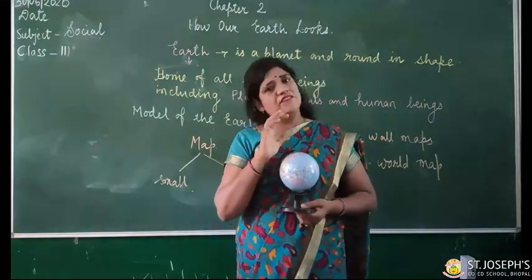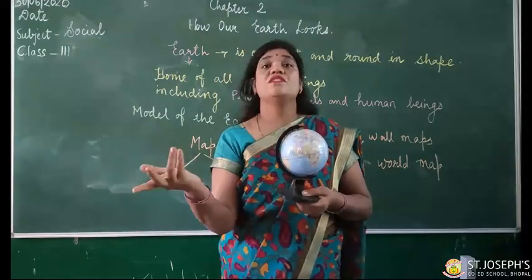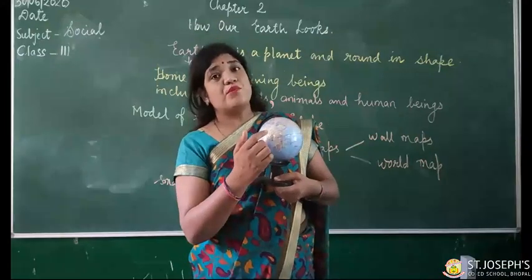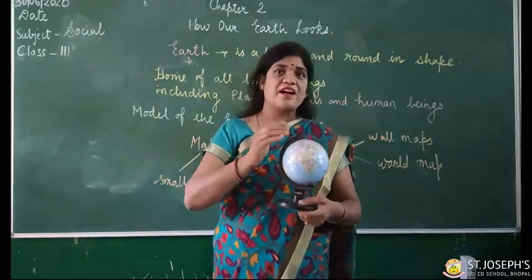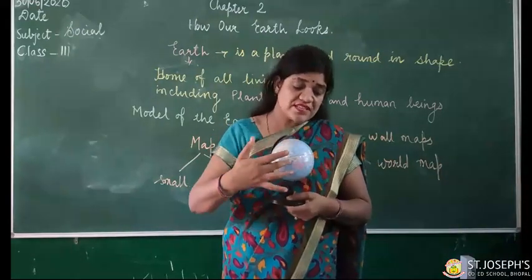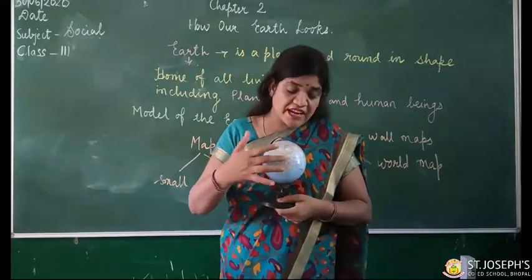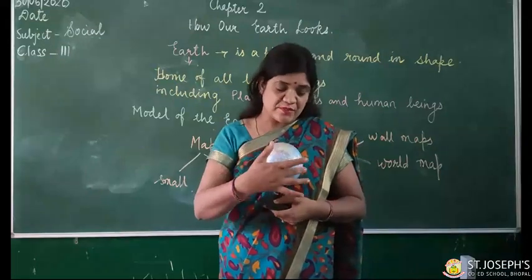But children, again one question. Can you see the whole Earth? No, it is not possible. Why? Because only the front part of Earth is visible to you. The rest, the back portion, is not. In order to see the rest, you have to rotate the globe again and again. That's what I am doing.